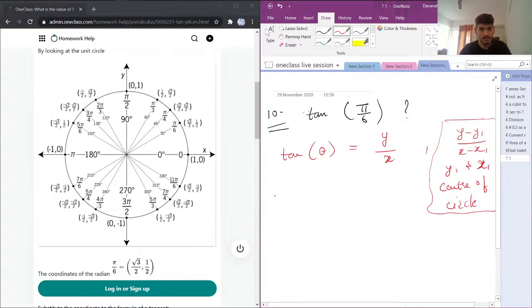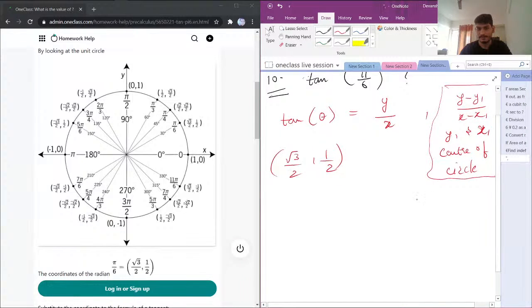So tangent of pi by 6, let's write the coordinates for pi by 6. So pi by 6, the x coordinate is root 3 by 2 and y is 1 by 2. Then I will write tangent of pi by 6 as y, which is 1 by 2, over x, which is root 3 by 2.